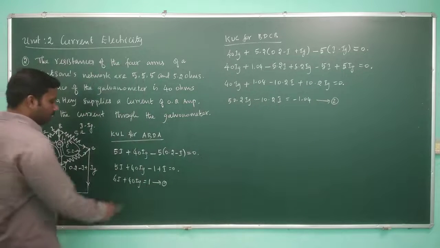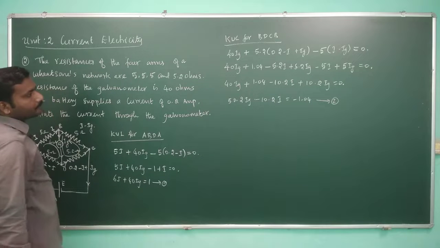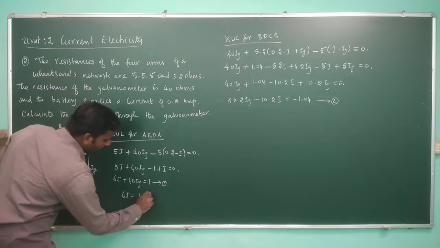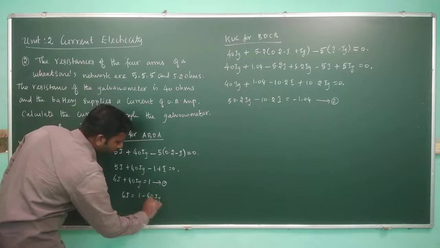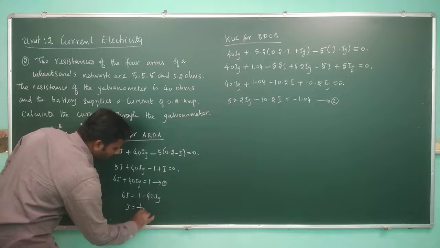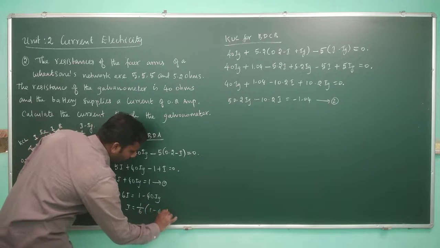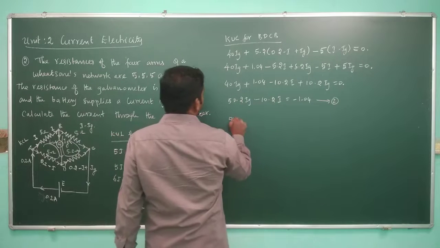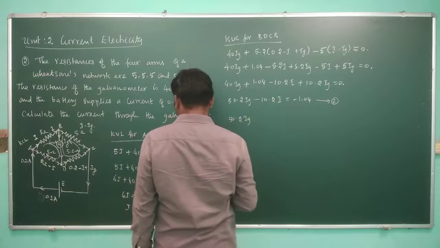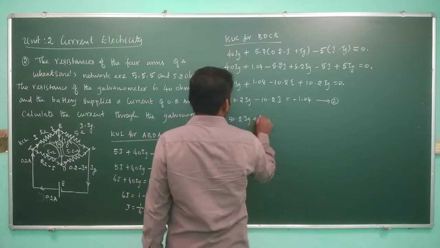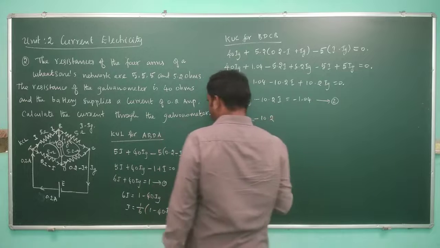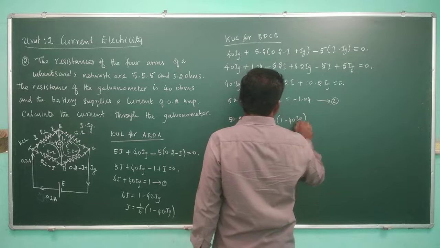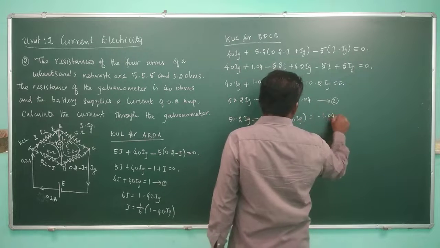Now we can rewrite this equation for I. So 6I is equal to 1 minus 40 Ig, I equal to 1 by 6 into 1 minus 40 Ig. You substitute this I here, so that 50.2 Ig minus 10.2 by 6 into 1 minus 40 Ig is equal to minus 1.04.